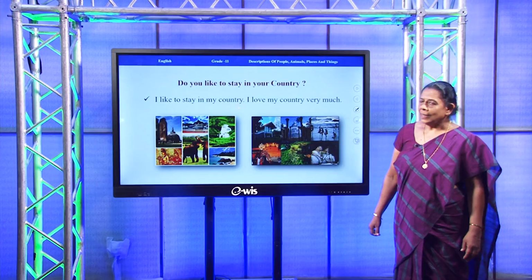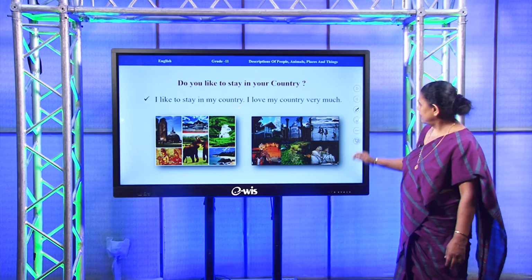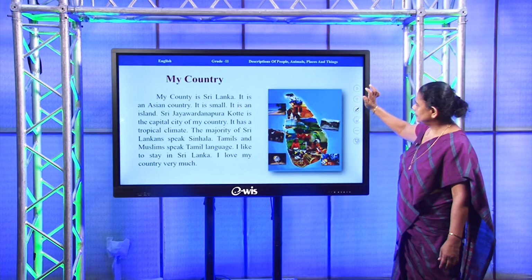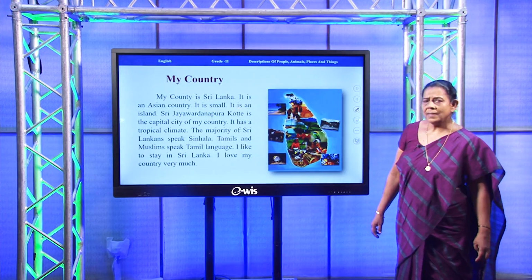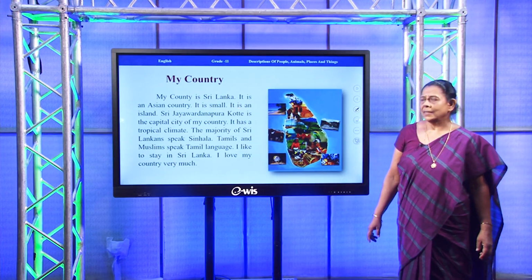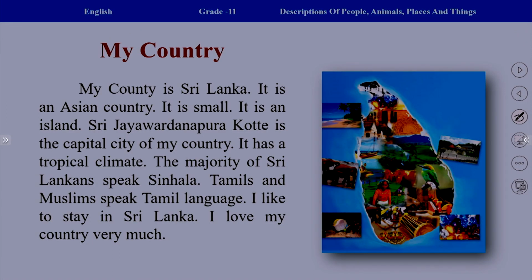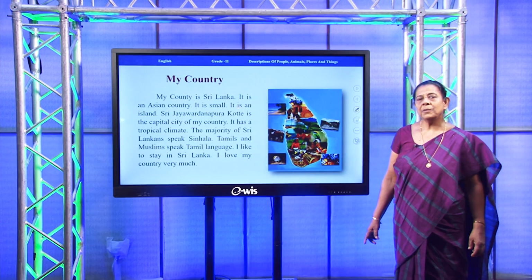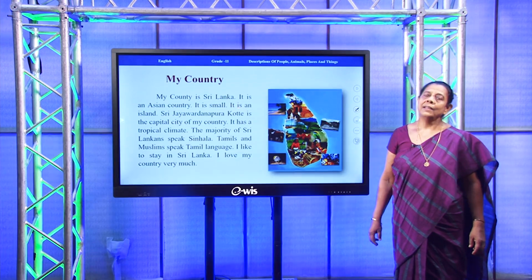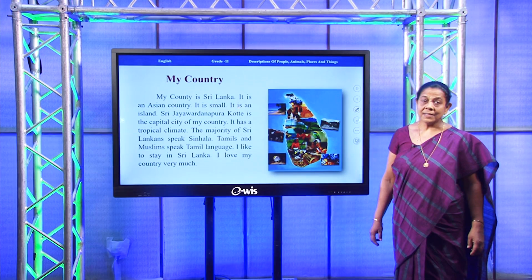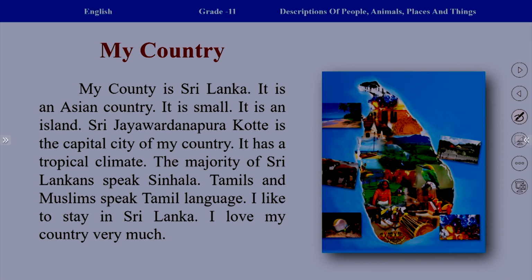Right. Let's have a look at the paragraph now. Yes, children. This is the paragraph about my country. So, how did you write that paragraph? First, we answer the questions. Then, we put all the answers together and form a paragraph. Let's read it together. My country. My country is Sri Lanka.